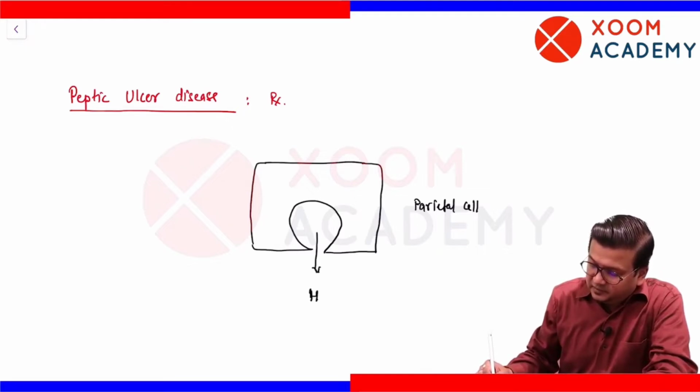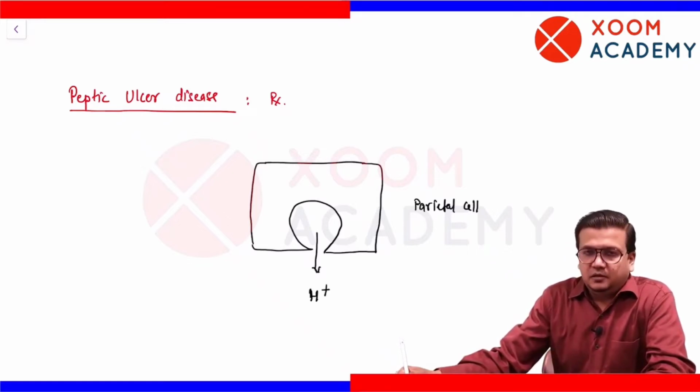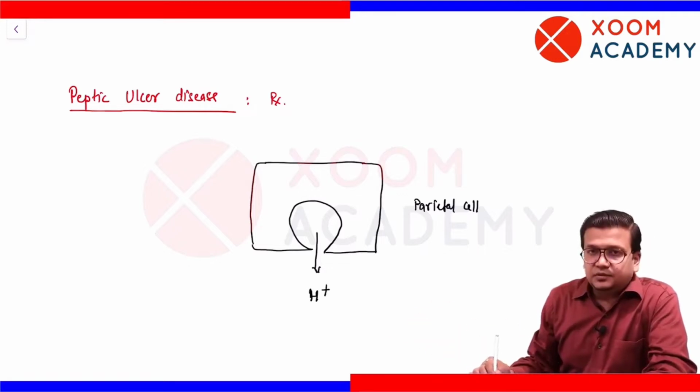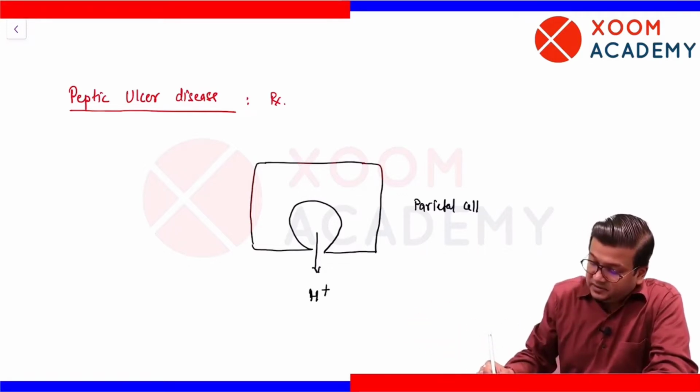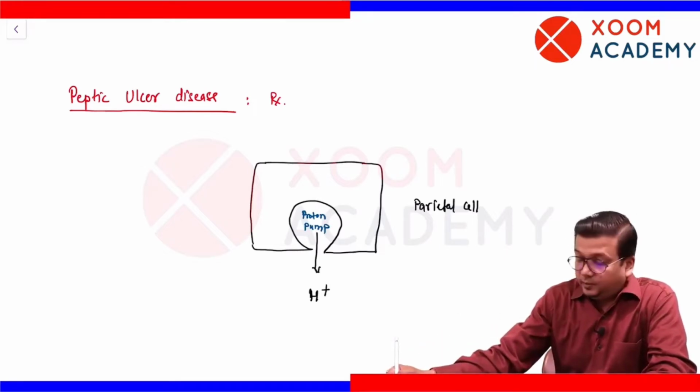Acid is nothing but H plus. This is secreting H plus or proton into the gastric lumen. So this structure that you see that is secreting H plus is called the proton pump, which is secreting H plus into the stomach lumen.